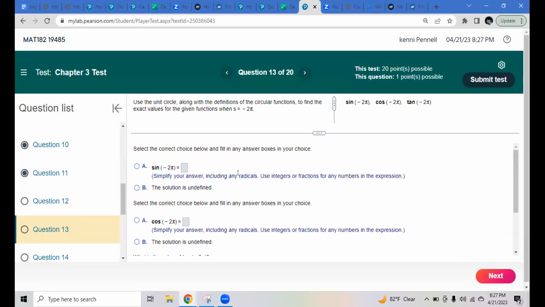Why don't they just use theta or whatever? I don't know. So the sine of minus 2 pi is, if you go to the unit circle where you start, what's the y value there? Let me see. Let me find it. Hold on. The sine of -2.